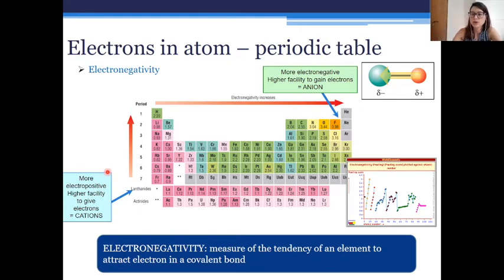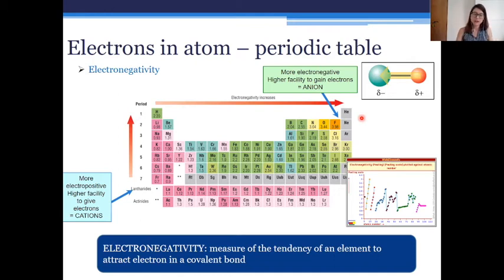On the contrary, on the upper right of this table, we will have more electronegative atoms that have a higher facility to gain electrons. They would gain electrons and be more similar to an anion.